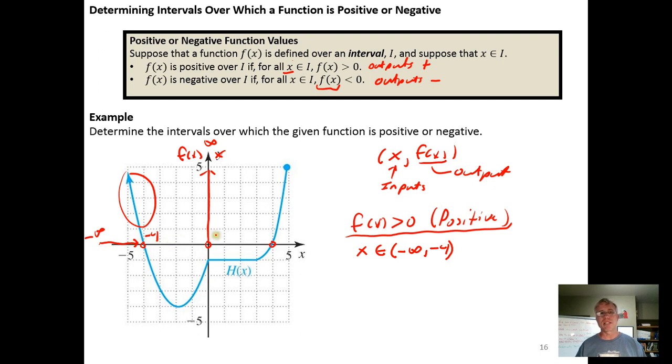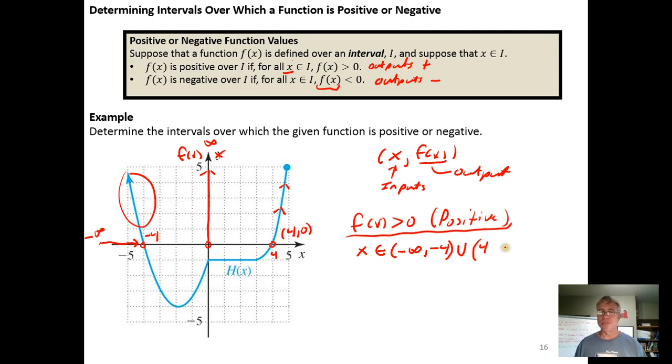As I run along, I see when I get to this point, which looks like it's at +4, the function is once again above the x-axis, where the output values are plotted with respect to the positive y-axis. So I'm going to go union, now pick up at 4. Again, I can't include the 4, I can't use a square bracket, because at x equals 4 the output is 0. This point is the ordered pair input 4, output 0, and 0 is not positive.